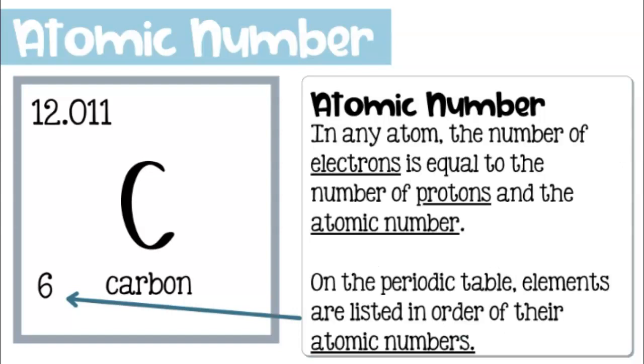In any neutral atom, the number of electrons is equal to the number of protons, or the atomic number. So the number of negative electrons and the number of positive protons are the same in neutral atoms. Now, on the periodic table, elements are listed in order of their atomic numbers.